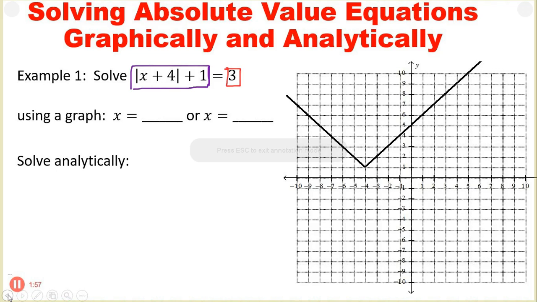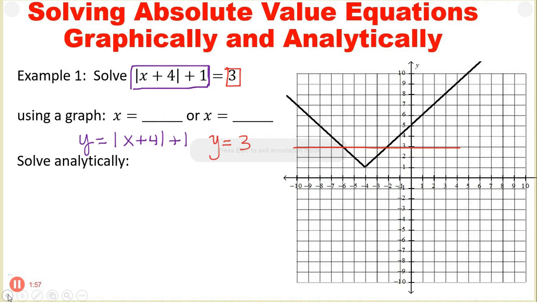So what we're doing essentially is graphing y equals the absolute value of x plus 4 plus 1, and also y equals 3. And we're going to see where these two graphs intersect. So we already have the graph of the absolute value. And now let's graph y equals 3, which is a horizontal line.